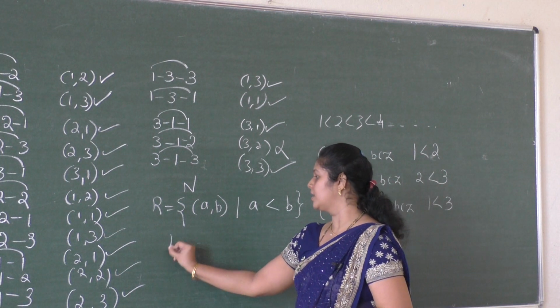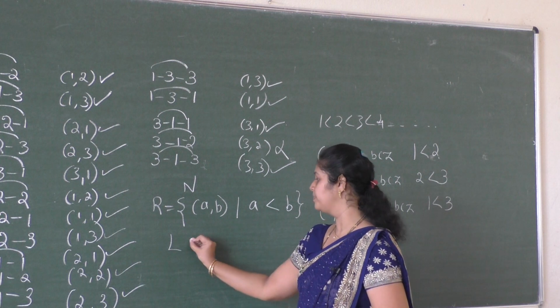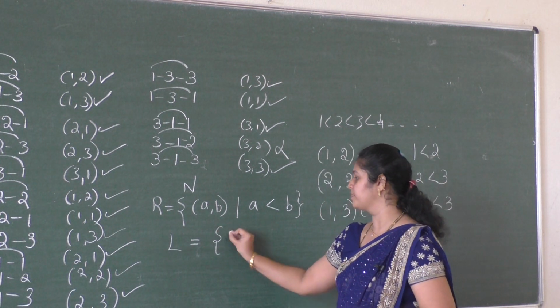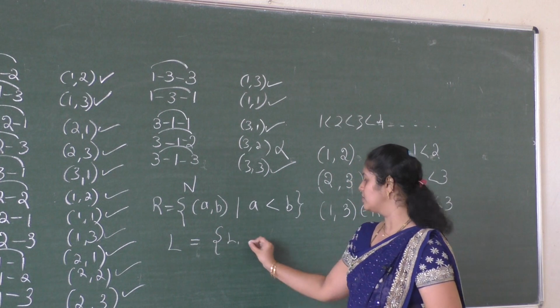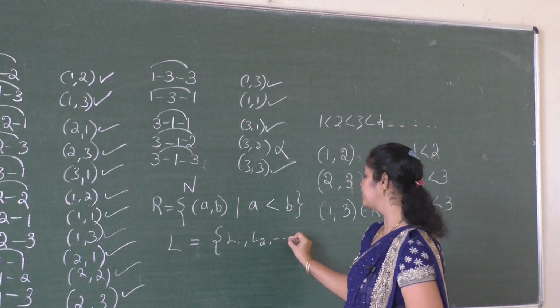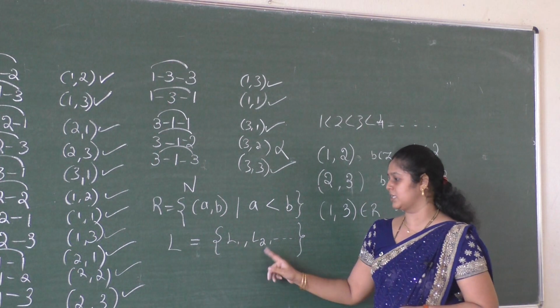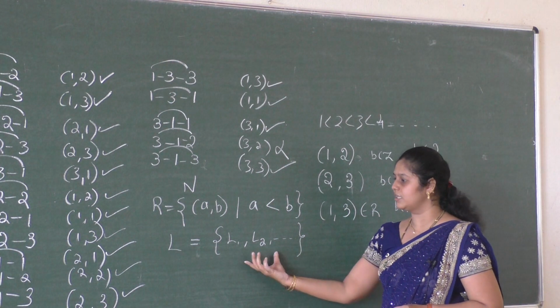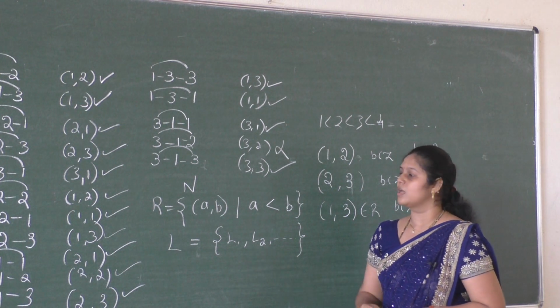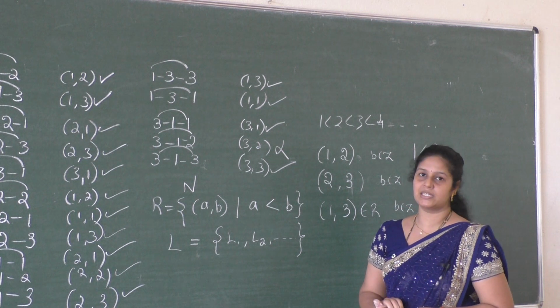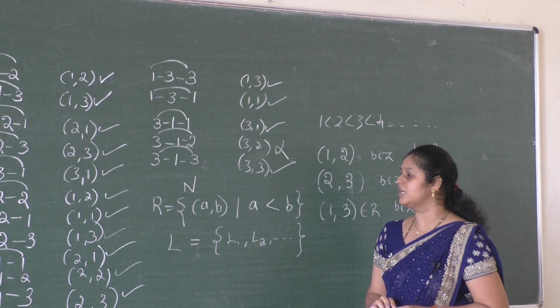Consider the set of all lines L equal to, I will write, L1, L2, L3 and so on. So these are all lines. L1 is a line, L2 is a line. So this set is a set of lines. Now the relation I am going to write is the parallel relation.